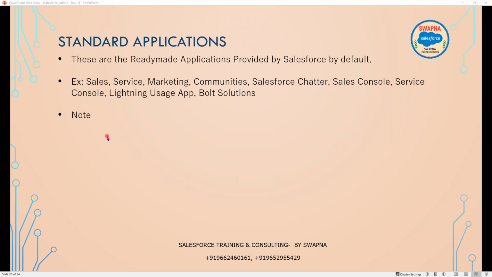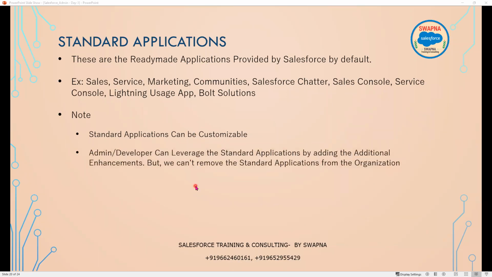Now, a couple of notes here. A standard application can be customized. It is a ready-made application, but we can customize it. An admin or a developer can add or modify the standard application by adding additional enhancements, but we cannot remove the standard application from the organization.